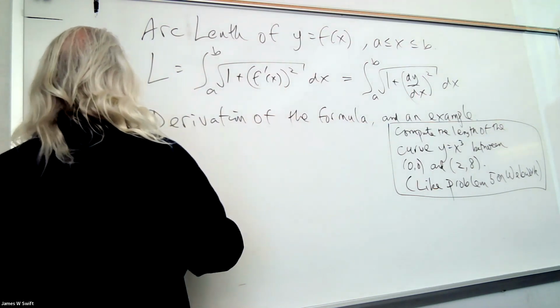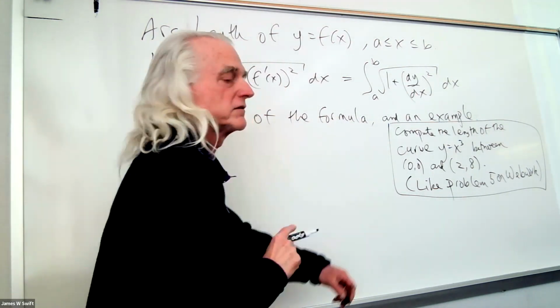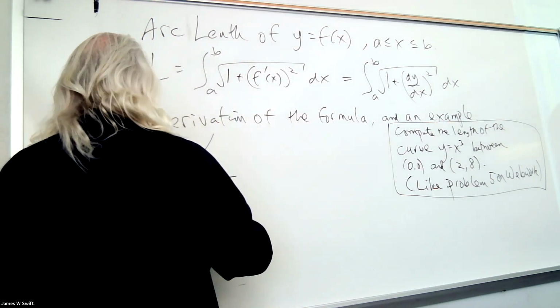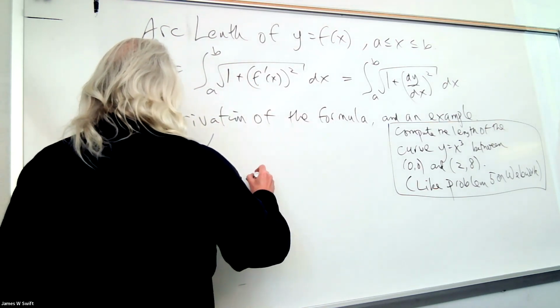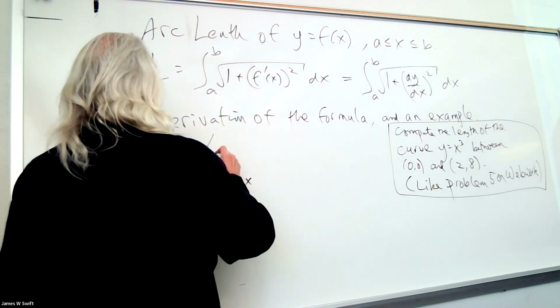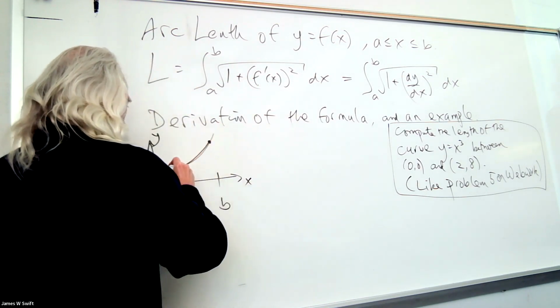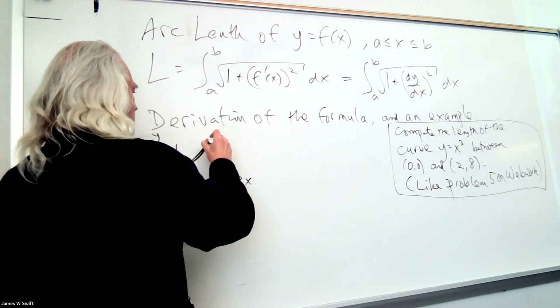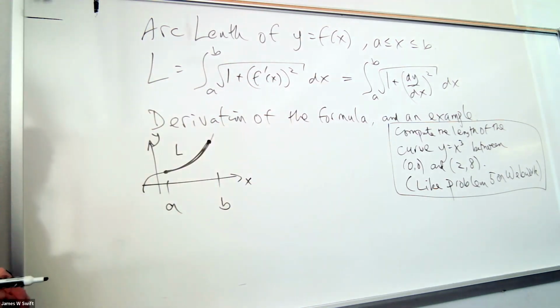So let's draw a little picture. I'm going to derive the formula and then do an example. Here's a, and here's b, here's x and y. I want to find the length of this curve here.